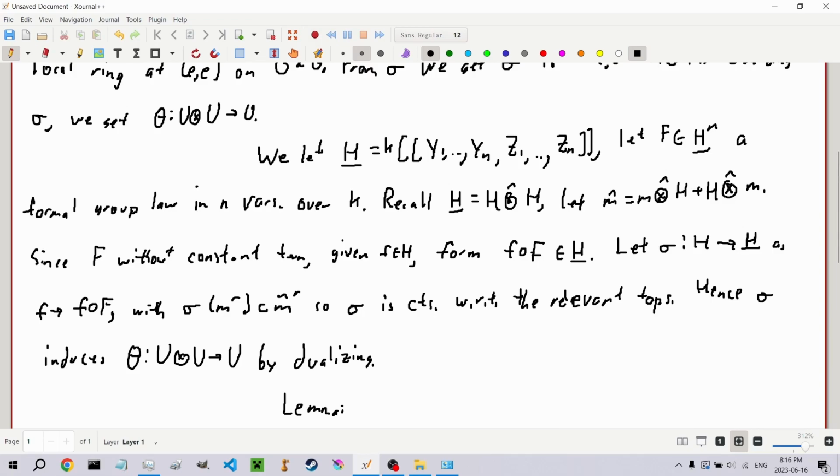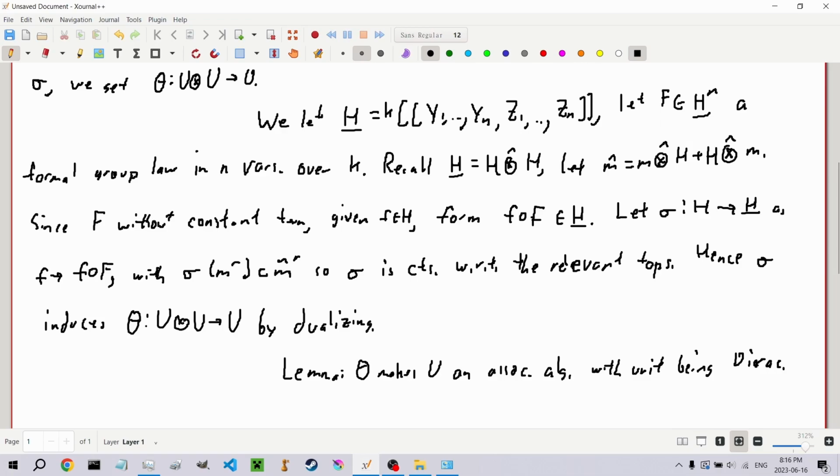So, our lemma states that theta makes U an associative algebra with unit being the Dirac delta distribution.